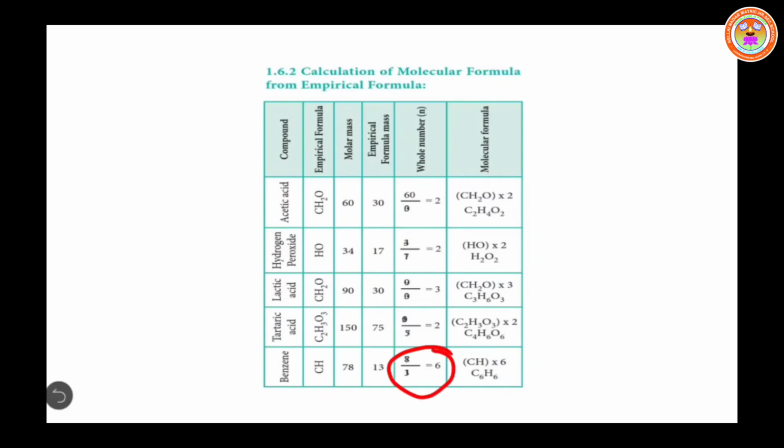Here molar mass is 78 and empirical formula mass is 13. So 78 divided by 13 is equal to 6. Therefore, the molecular formula of benzene is empirical formula CH into N value 6, which is equal to C6H6. Therefore, the molecular formula of benzene is C6H6.